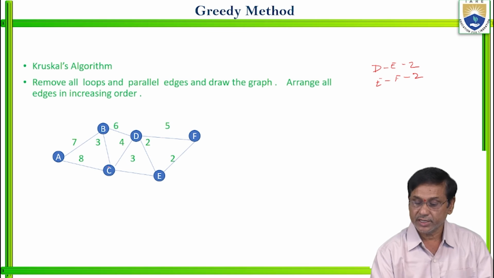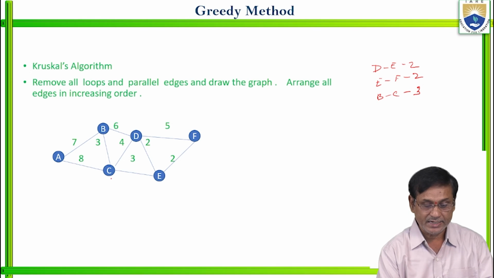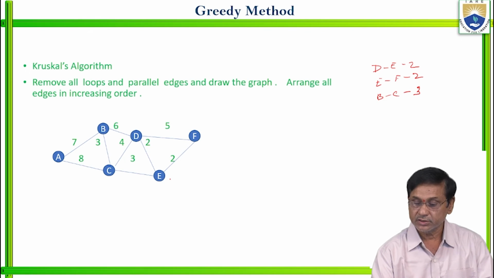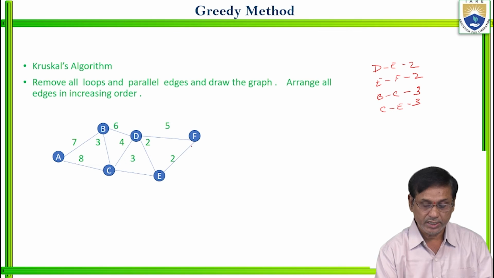And BC, you can consider BC. BC is 3. In increasing order, we have to select. DE is 2 and EF is 2 and BC is 3 and CE is 3.